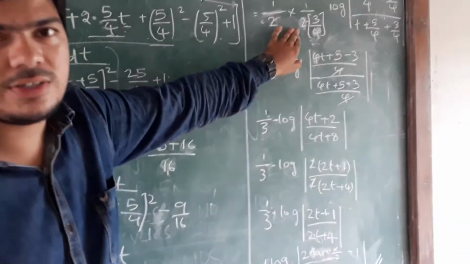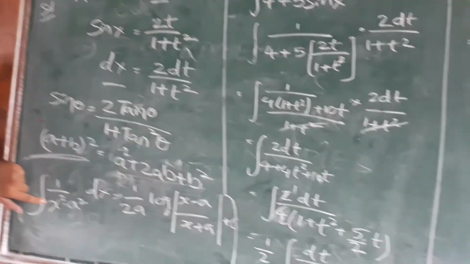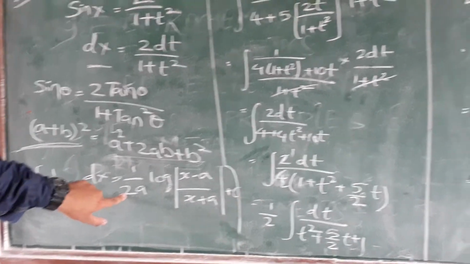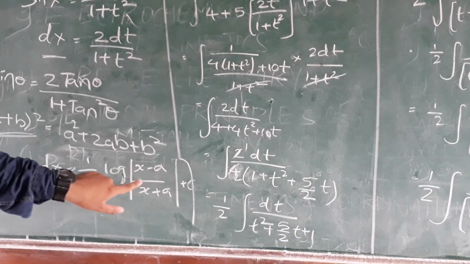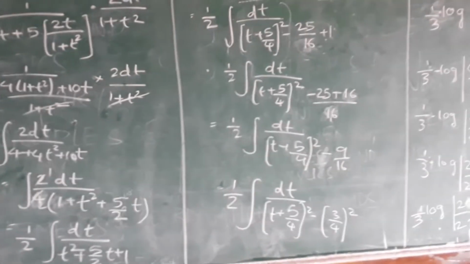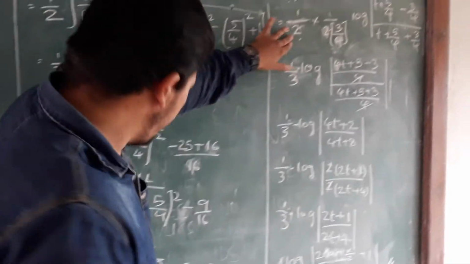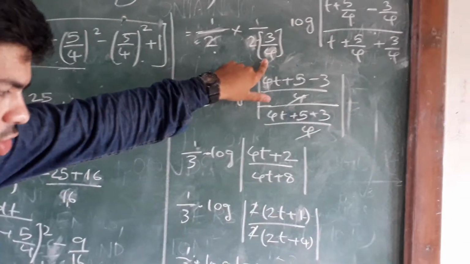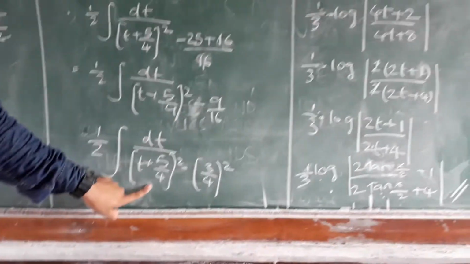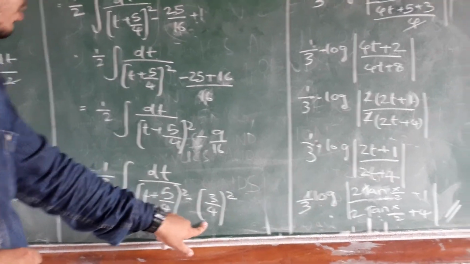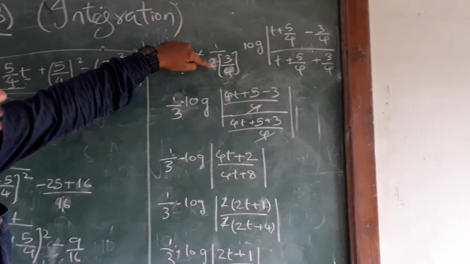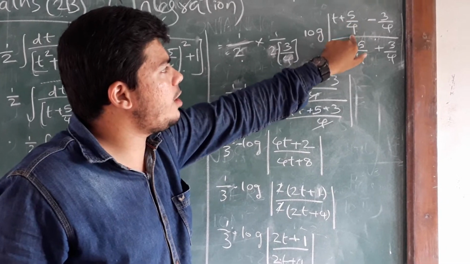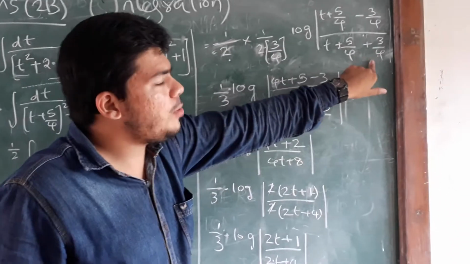The formula is integration of 1 by x square minus a square dx, which gives 1 by 2a log of x minus a by x plus a. What is the value of x? It is t plus 5 by 4. And the value of a is 3 by 4. So 1 by 2 into 1 by 2a, log x minus a by x plus a, where x is t plus 5 by 4 minus 3 by 4 over t plus 5 by 4 plus 3 by 4.